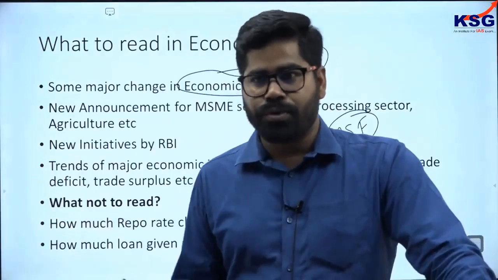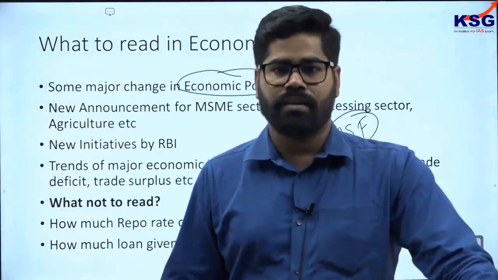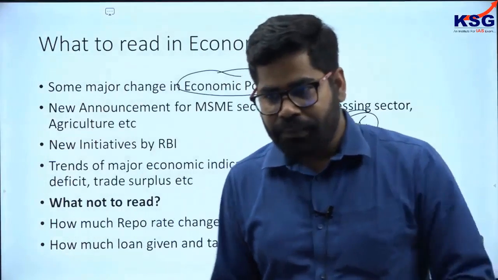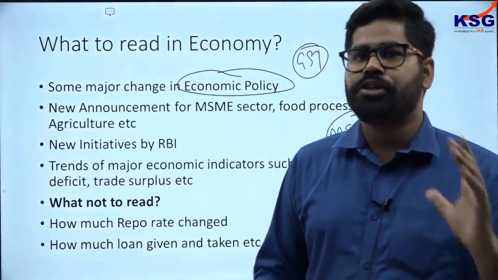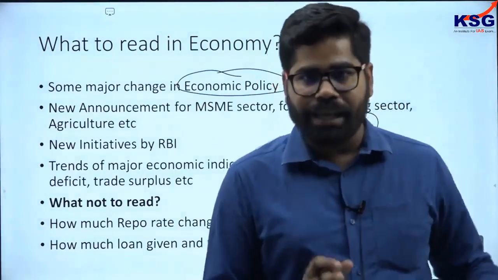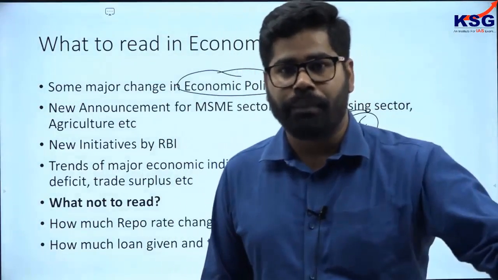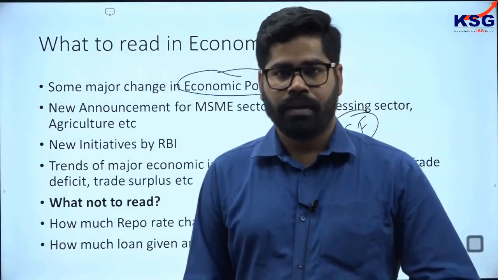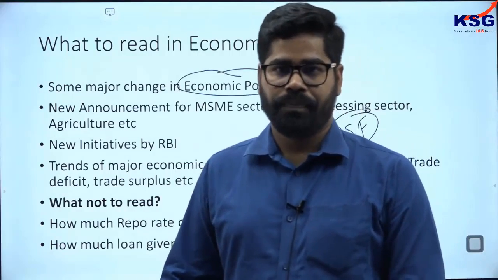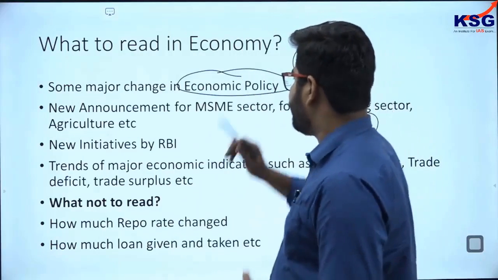Now you can easily choose that yes, it is related to the banking sector. So these types of very simple things have been asked in UPSC prelims. So if a new scheme or any change in a major scheme has been made by RBI or the government, then you have to follow that. Otherwise, you can simply ignore it. So this is one thing you have to do.